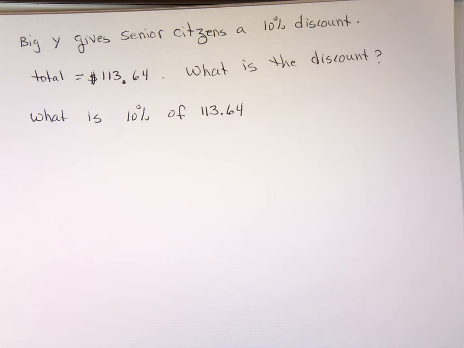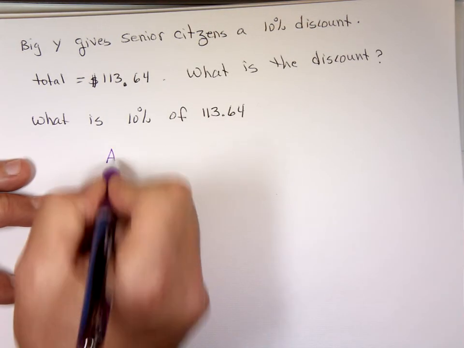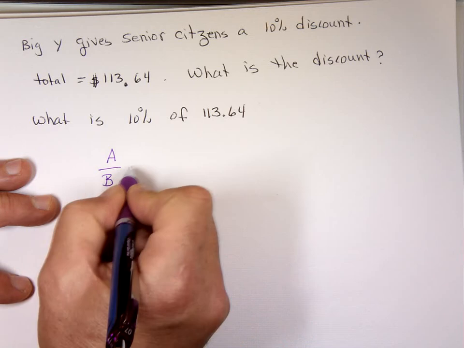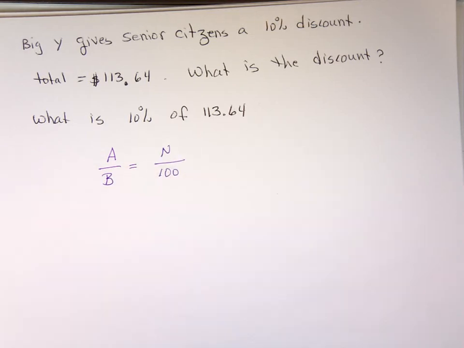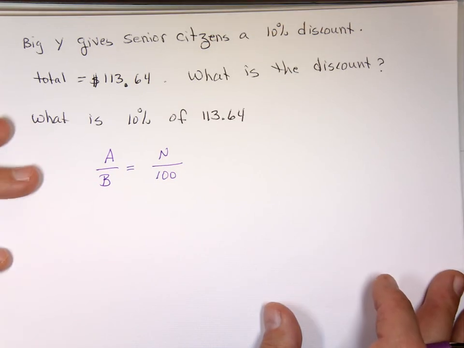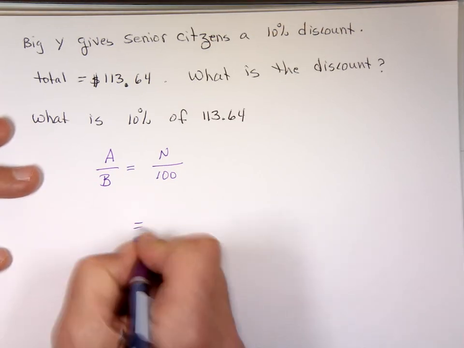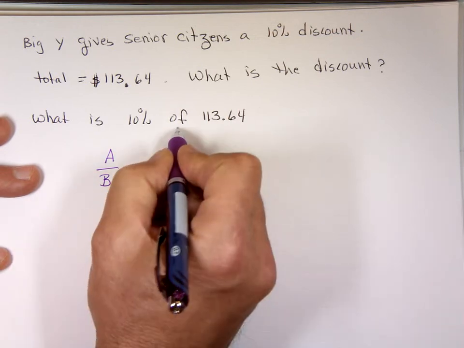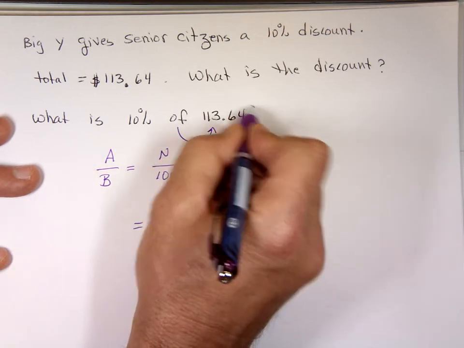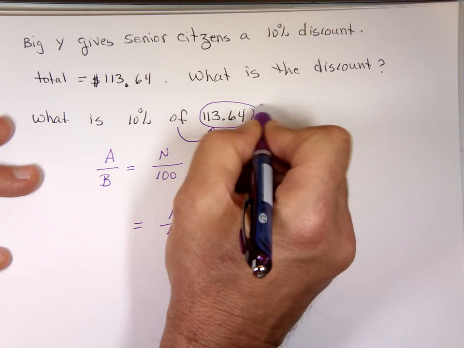Maybe I'll use proportion here just to be different. The amount to the base is the same as the number to 100. I know the number. That's 10%. I see the word "of," and what comes after "of" is always the base.